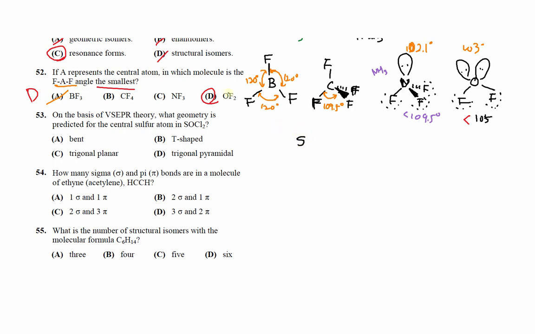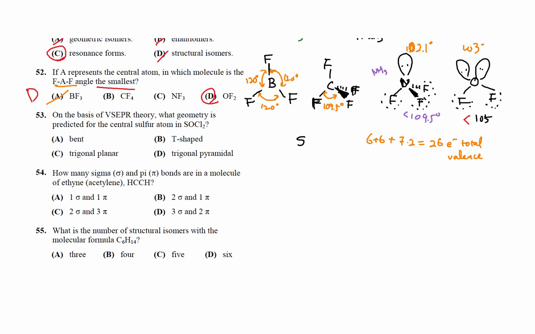Let's add the valence electrons. Sulfur has 6, and oxygen has 6. Chlorine has 7, but we have 2 of them, so you have to multiply it. When you add them up, you get 26 total valence electrons.